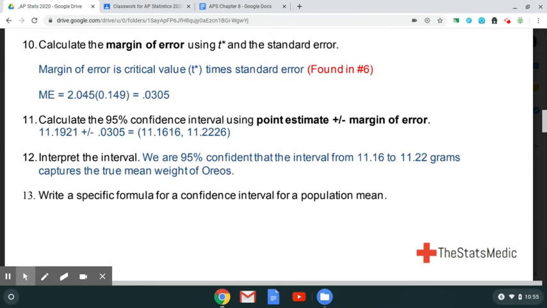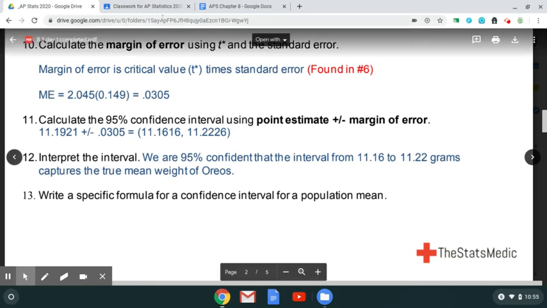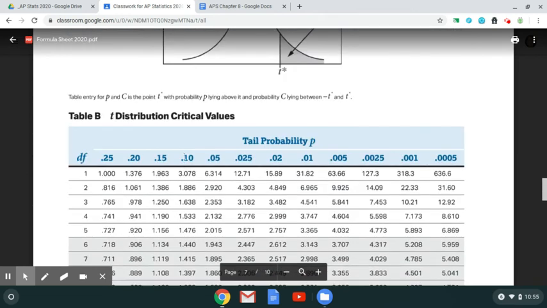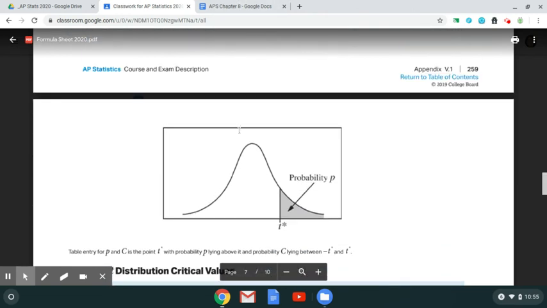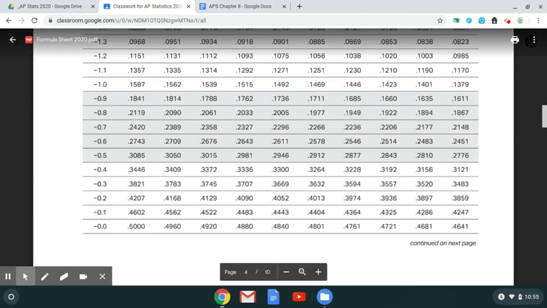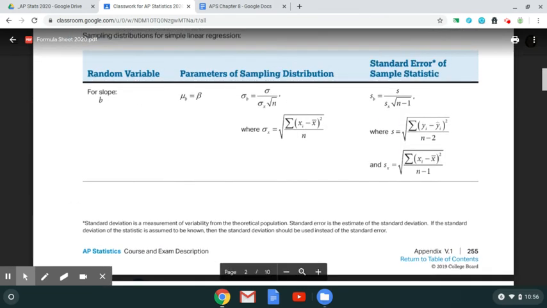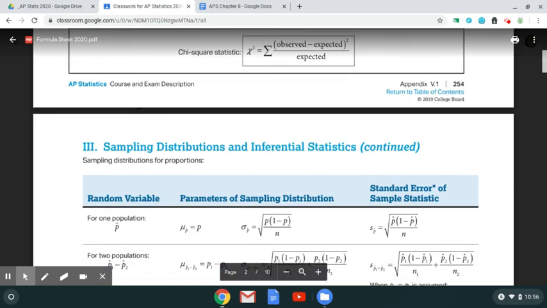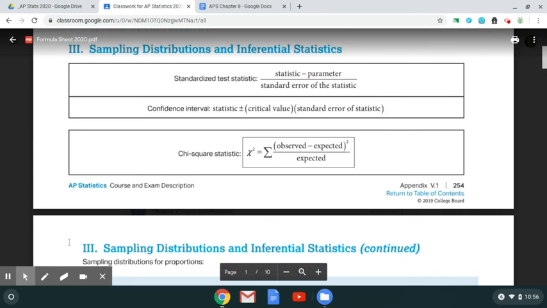So again, to draw your attention back to your formula sheet, it does not give you a specific detailed equation for how to calculate the confidence interval. All it gives us is the general structure of a confidence interval.